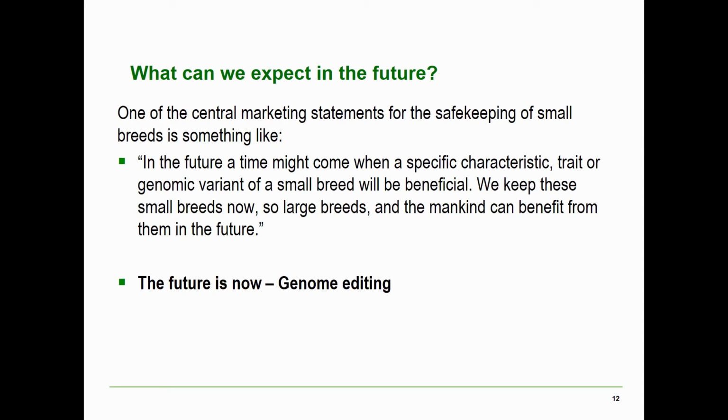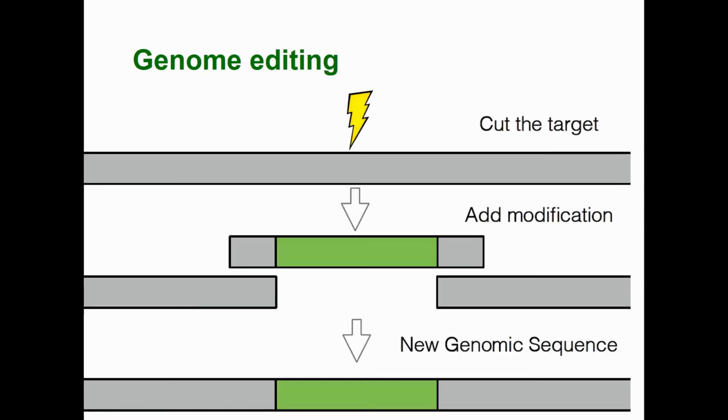And this is in particular with connection to genome editing, or gene editing, if you will. So genome editing is this new technique where you could actually cut the target location on any genome and add the modified piece into it. And then we have a new genomic sequence that incorporates this new gene.